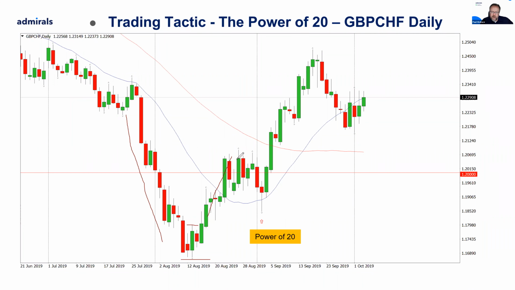Then it comes back, and what happens is it prints a rejection candle because the 20, which has been sloping down, is flat and starting to nudge its way up. Price comes down and retests it one final time, prints a pin bar, which is also our price action entry, before it launches itself up. Once again, 2, 3, 4 to 1 trades are very, very plausible.